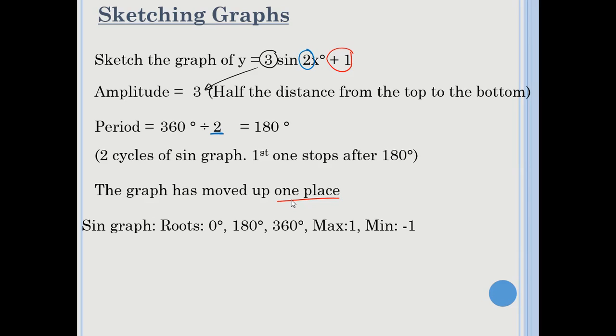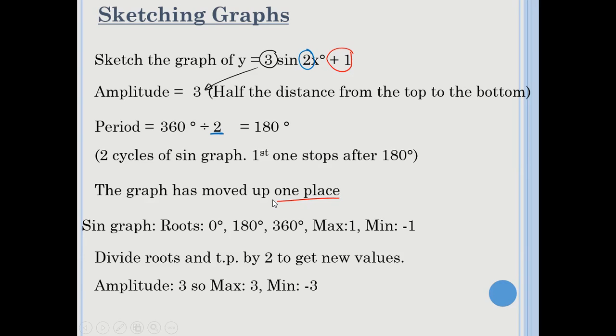We know that the sine graph is going to have roots at 0, 180 and 360 degrees. It's going to have a maximum of 1 and a minimum of -1. That's for a standard sine graph. And we can divide the roots and the turning points by 2 to get new values.